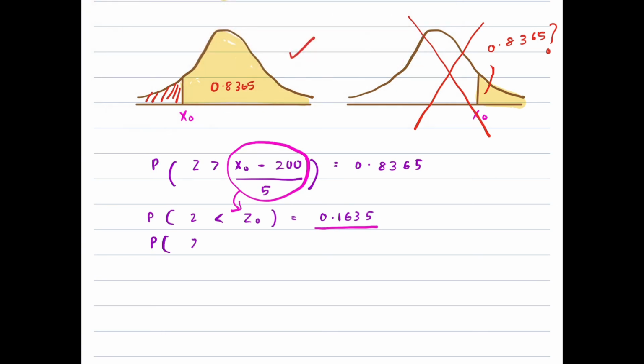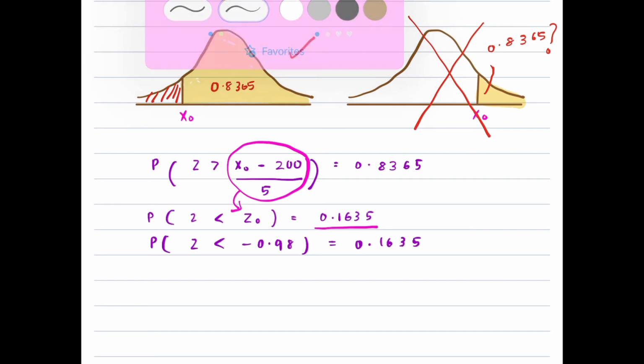So your answer for z0 here will be P(Z is less than negative 0.98) is equal to 0.1635. Why do you have to put the negative value? Because x0 is at your left side. So on the left side, when you have the z value less than z0, it will be a negative value. So how can you get the x0 value?